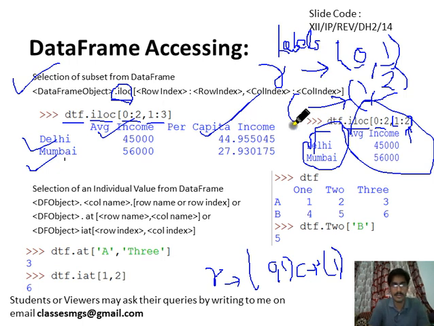Questions may be asked on loc and iloc also. Selection of an individual value from the data frame: loc and iloc are used to select multiple rows at a time.